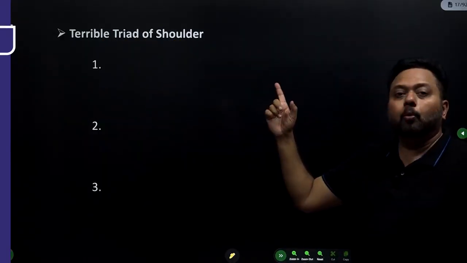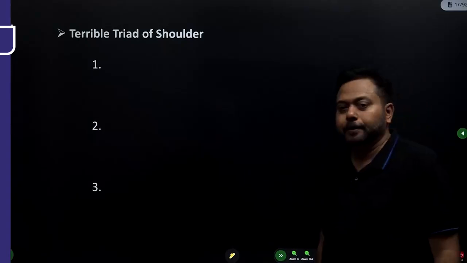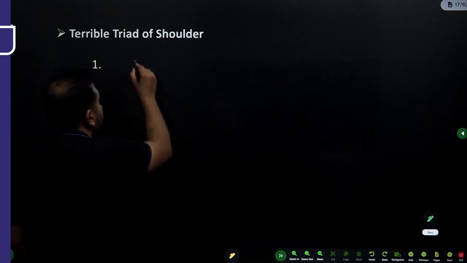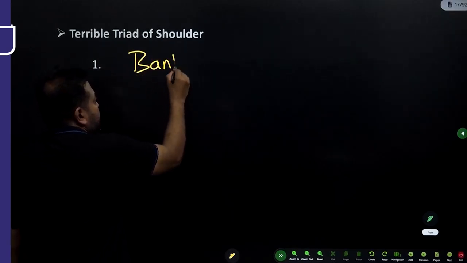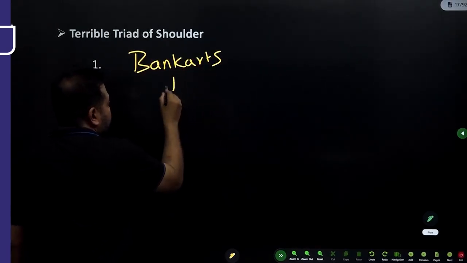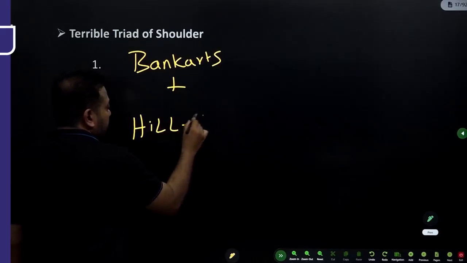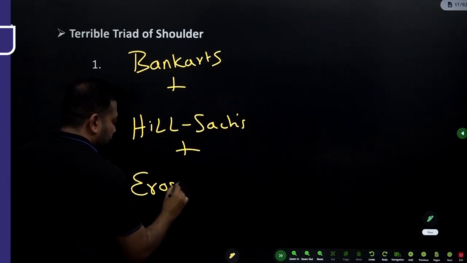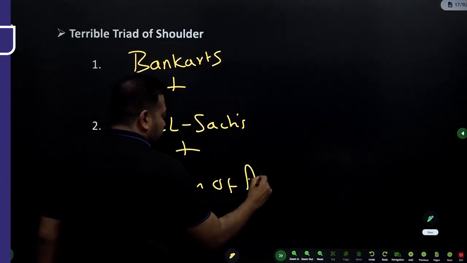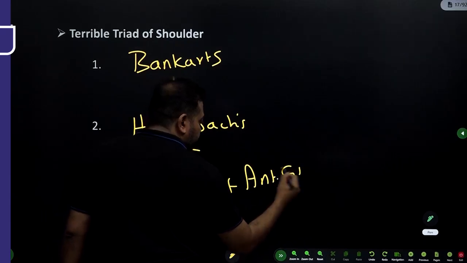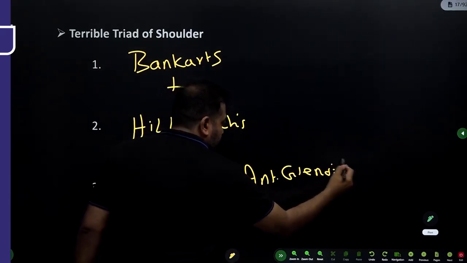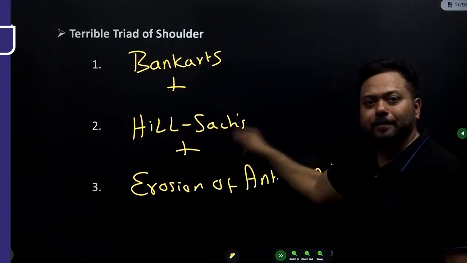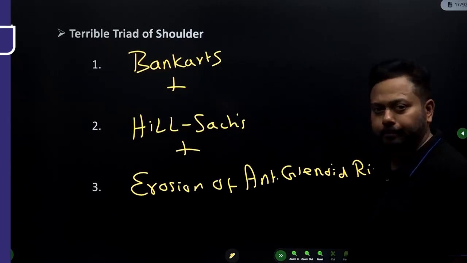Now, you should know what the terrible triad of shoulder is. When shoulder dislocation has happened, we always do MRI to rule out Bankhart's lesion. So what is the terrible triad of shoulder? The same shoulder has a Bankhart's lesion plus Hill-Sachs lesion plus erosion of the anterior glenoid rim.